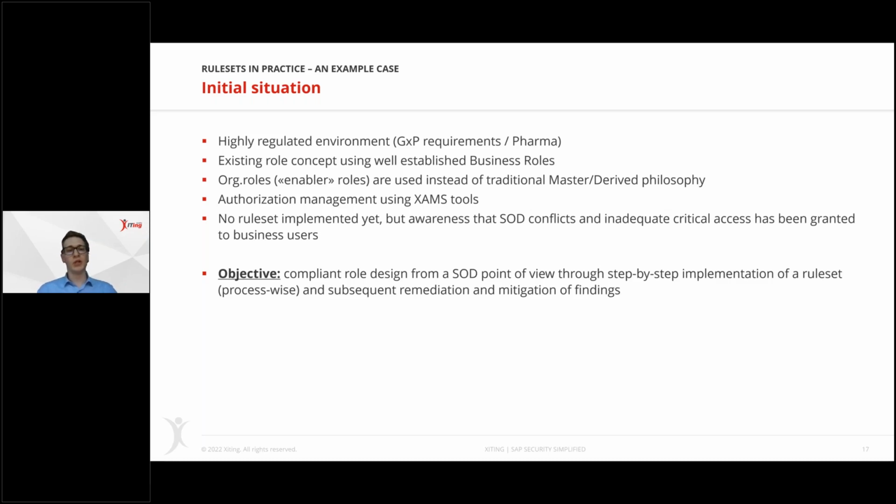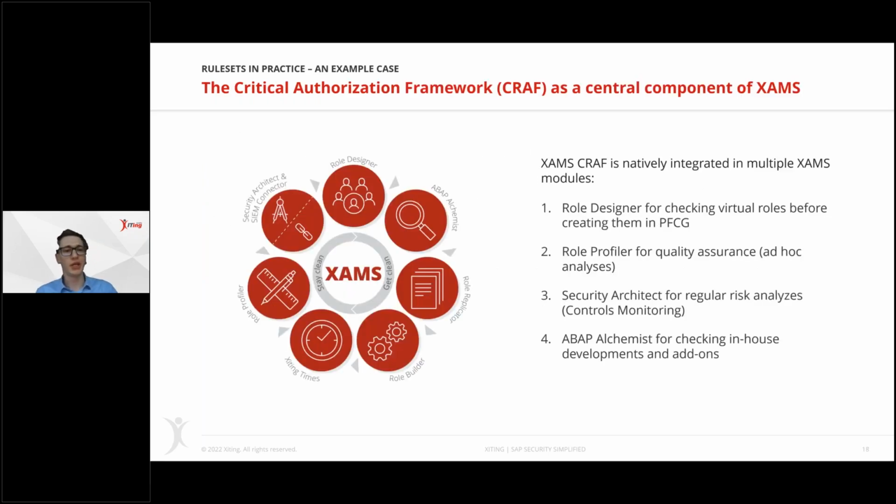So all in all, the objective was to implement a rule set step by step, process-wise, with subsequent remediation and mitigation of findings. They were using the XAMS to carry out the risk analysis when doing role changes.